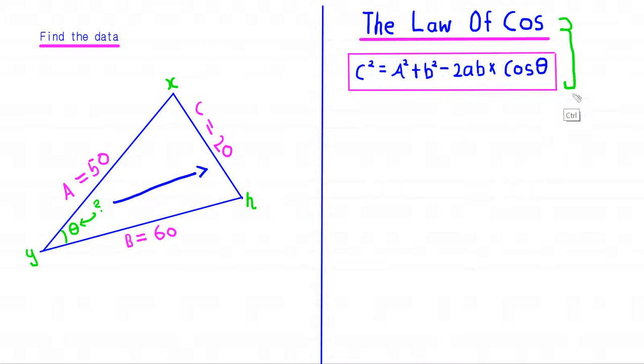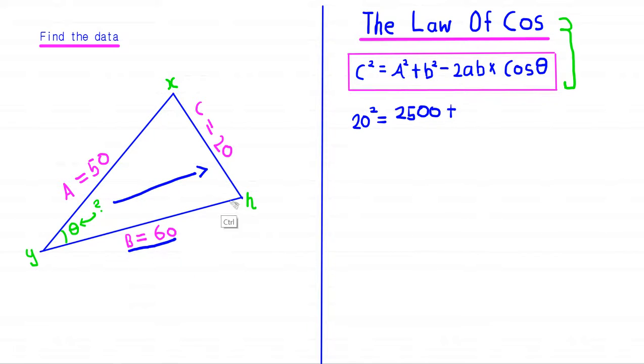If we apply this law of cosines formula to this triangle, it's going to be c squared, which is 20 squared, is equal to a squared, which is 50 squared, and that's 2,500, plus b squared, which is right over here.